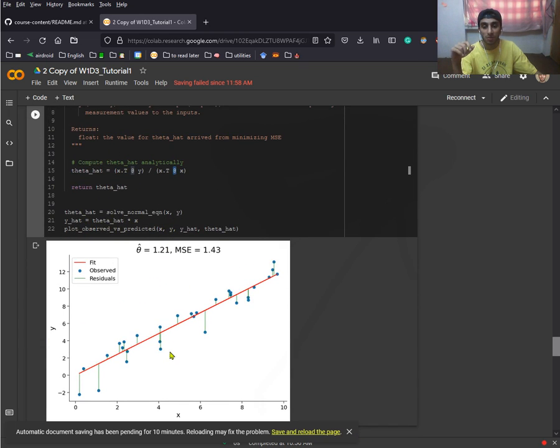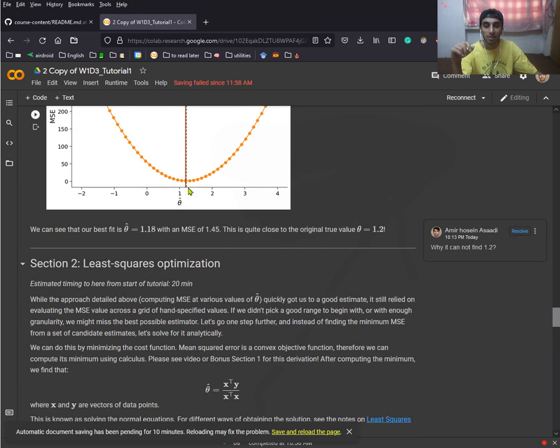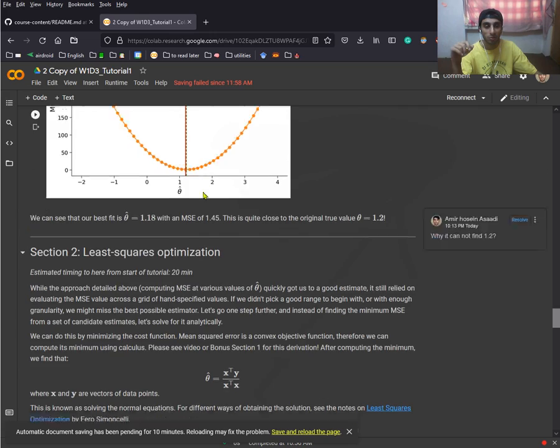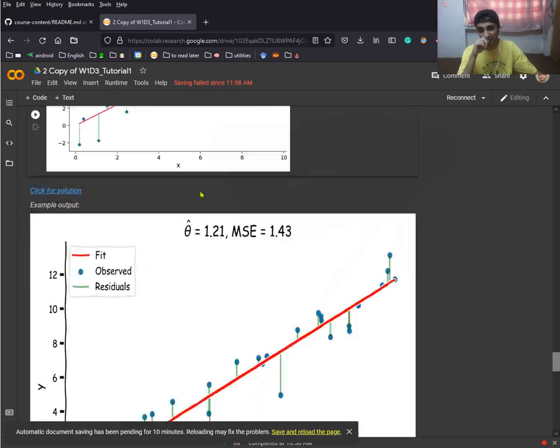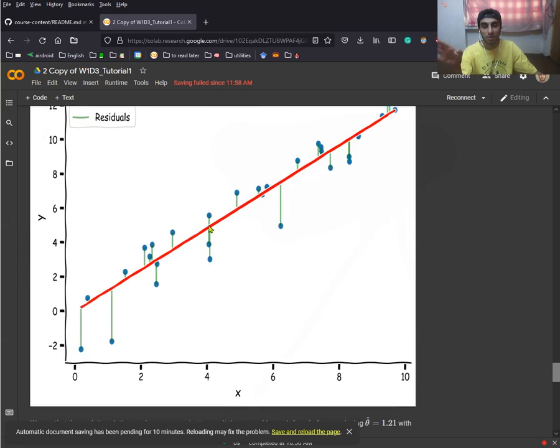And this function tells us the best theta I found is 1.21 with the MSE of 1.43. So the lowest value is 1.21. And they finally plot it again.